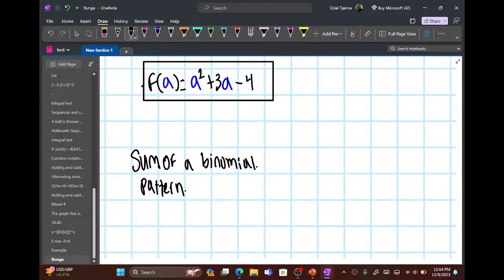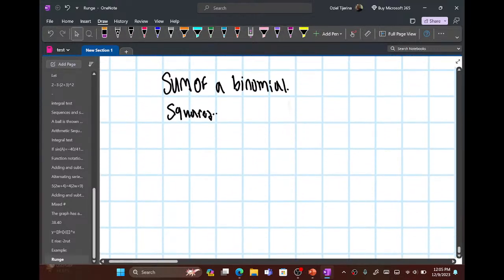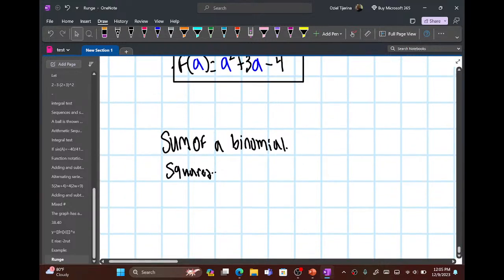A binomial is basically two terms either added or subtracted. In this case, we add. So I'm going to put this formula here. This is an important formula we must understand for this one.